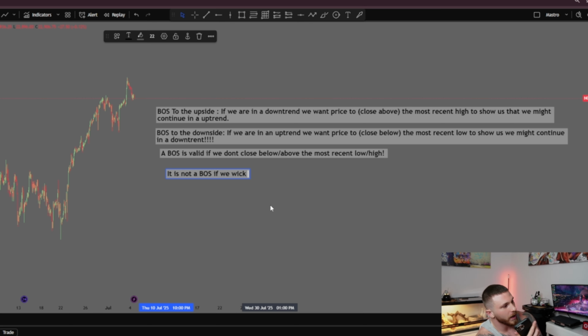How do you spell wick? W-I-C-K. Whatever. It is not a break of structure if we wick below slash above the most recent low slash high.